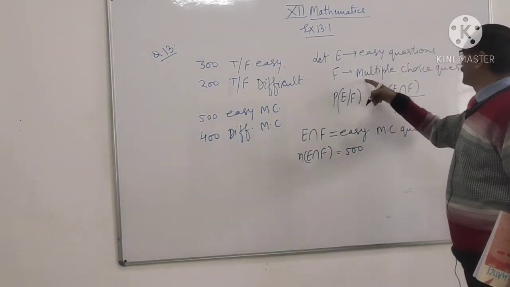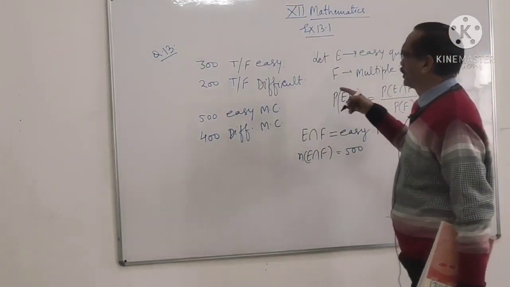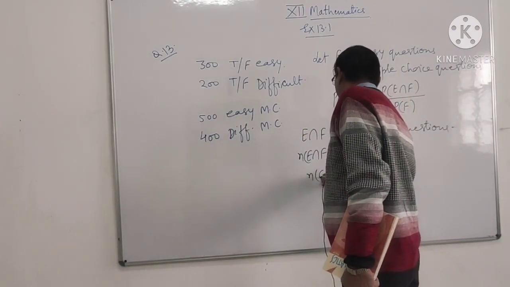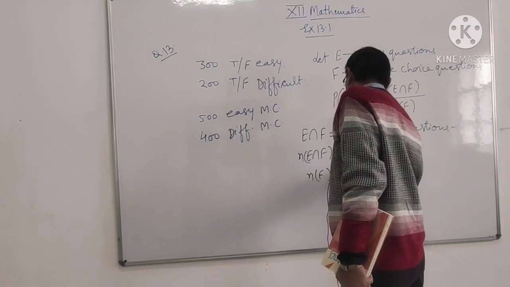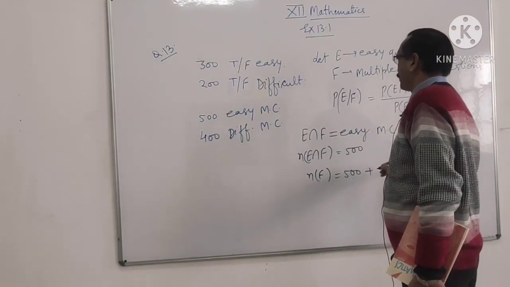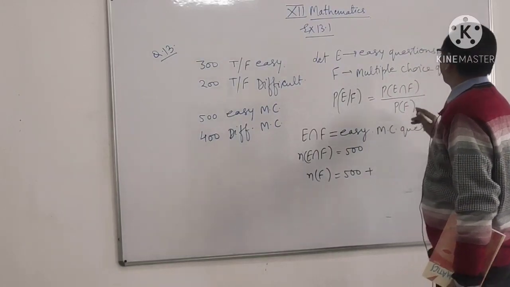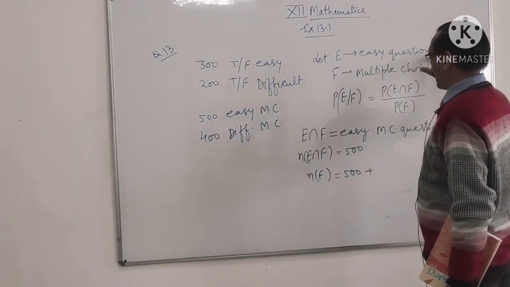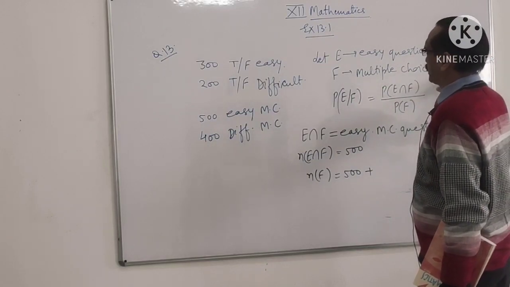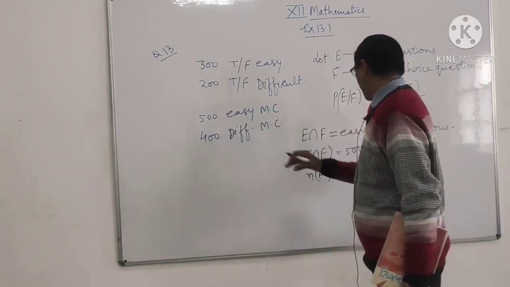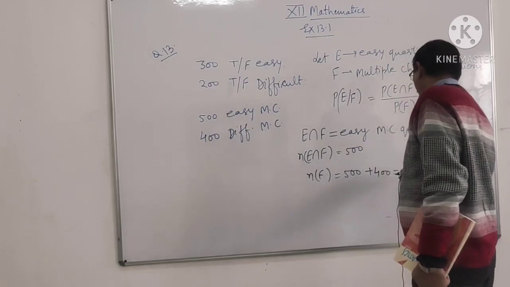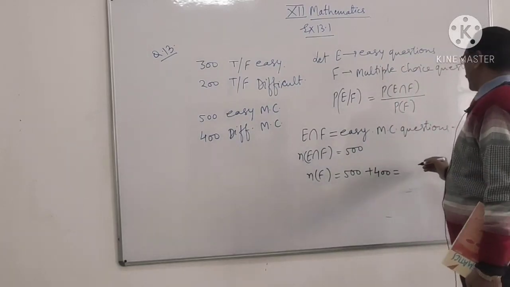Then F stands for multiple choice questions, so n(F) is 500 plus 400, which is 900.